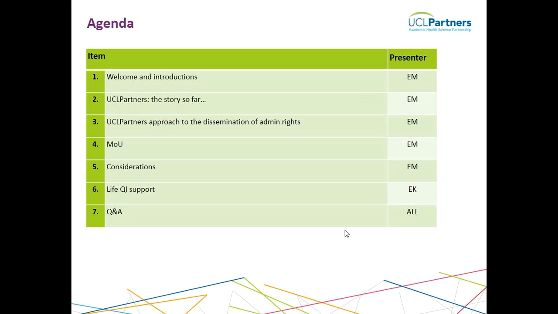I'm then going to go through our MOU that we've created for this process, and I will be able to share this with you all afterwards. Happy for you to adapt that. And then just talk a little bit more about some considerations and some challenges that we would keep in mind going forward with this, which will hopefully be helpful to you.